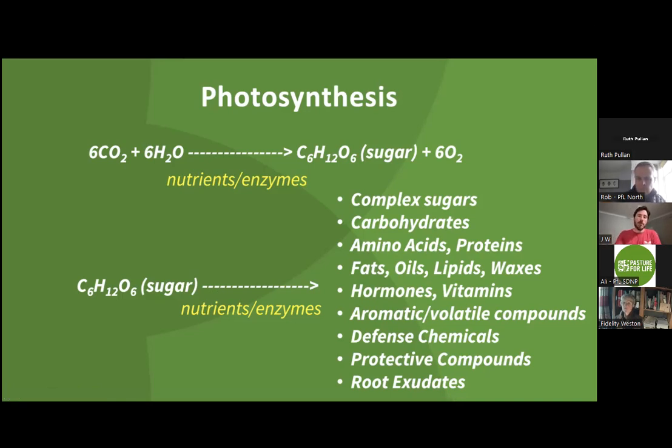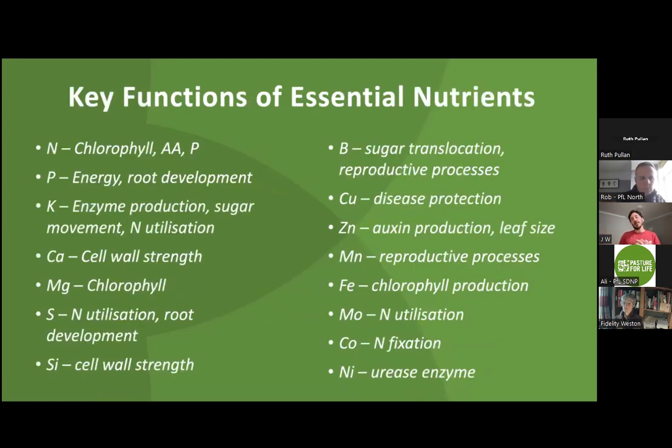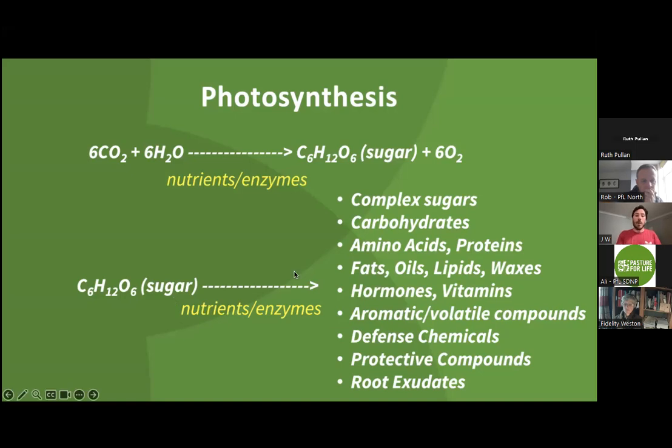And we're not going to go through each and every one of these elements. It's just to put them up on screen to say that I've introduced just a handful there, the key ones that play a particular role in primary photosynthesis. But in that secondary process of growth that we see down the bottom here, when we talk about this broader context, I'm talking about all of these nutrients.